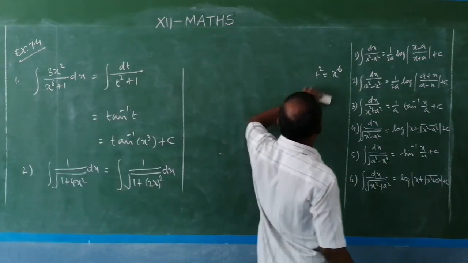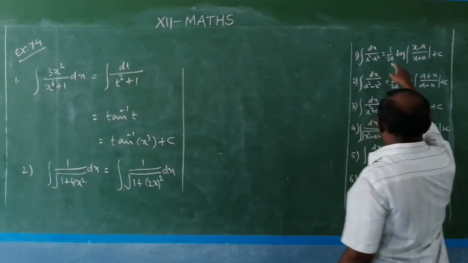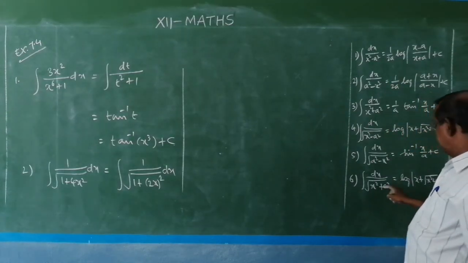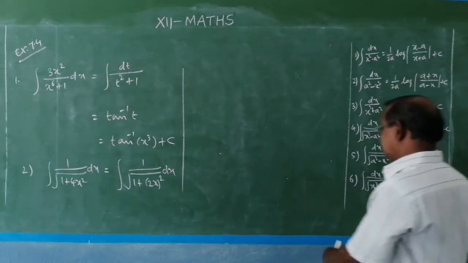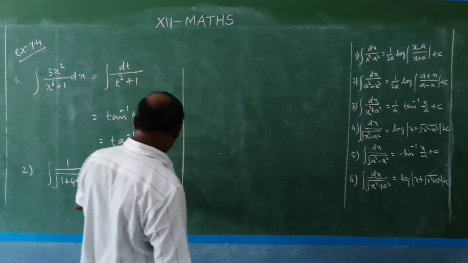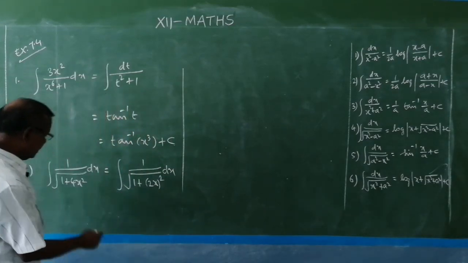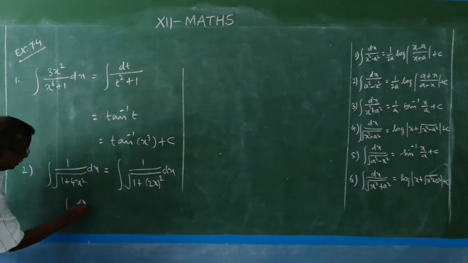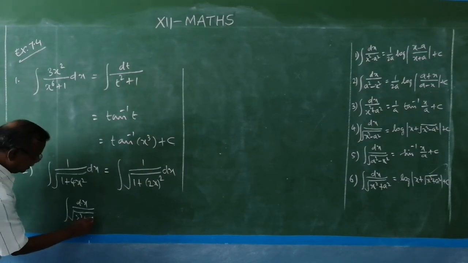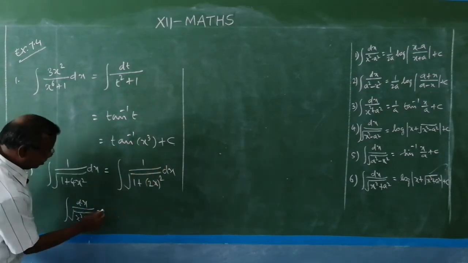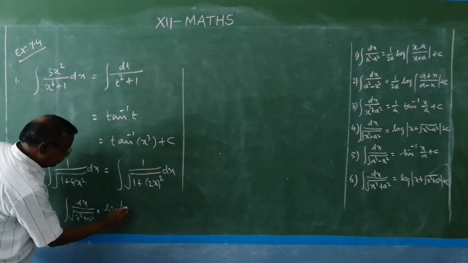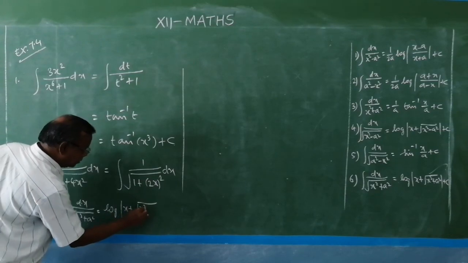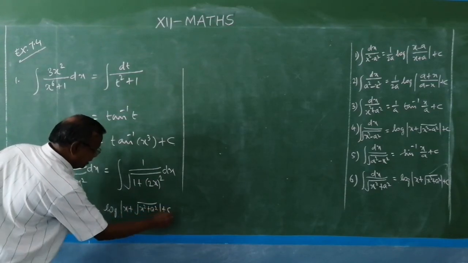This is of the type 1 by root of x square plus a square, the sixth one. Look here, write the formula: integral dx by root of x square plus a square equals log of modulus of x plus root of x square plus a square plus c.